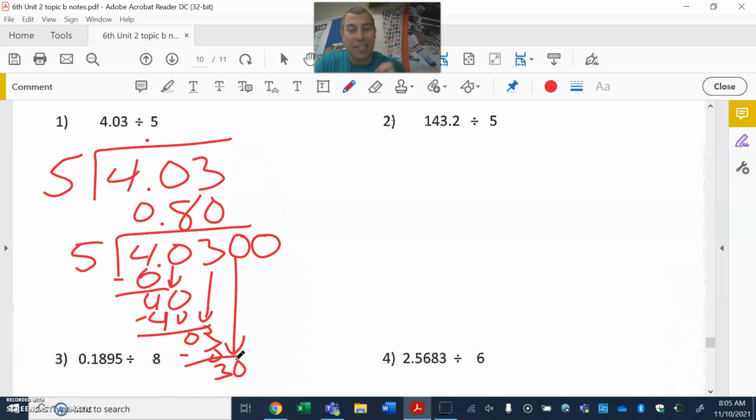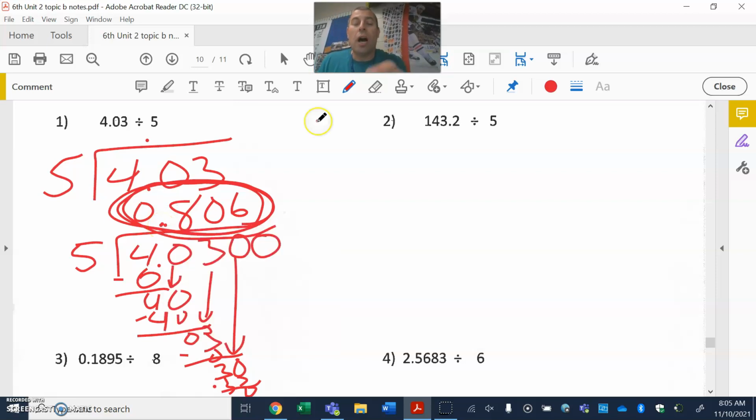We do smile at this stage of the game because how many groups of 5 can we pull out of 30? Well, it is exactly 6. 5 times 6 is 30. Hey, show's over. We're done. There is our winning answer: 806 thousandths. Again, that decimal place is key. So push the decimal up and begin your division process here.